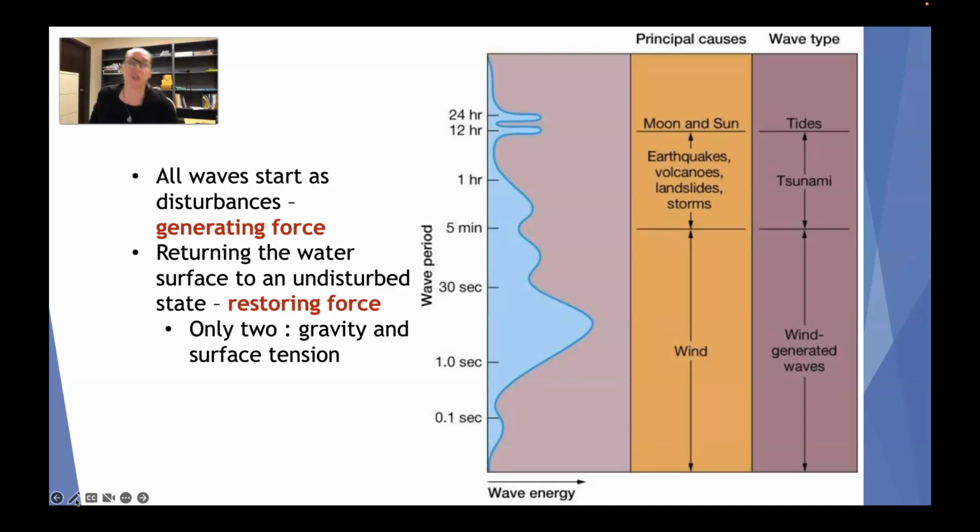So we know gravity keeps us down here on Earth, right? We're a spinning planet, so gravity keeps us held to the surface of our planet. Whereas surface tension, if you recall when we talked about water in general, is such a fascinating property of that material.